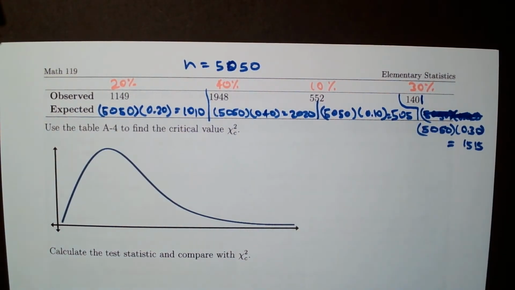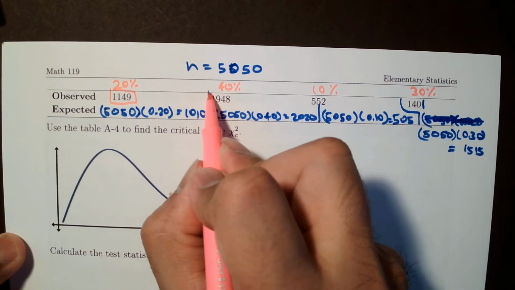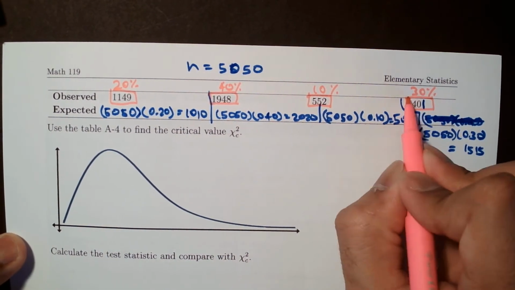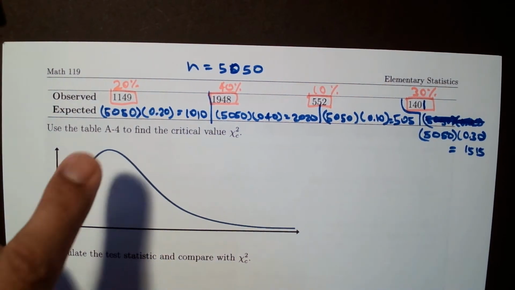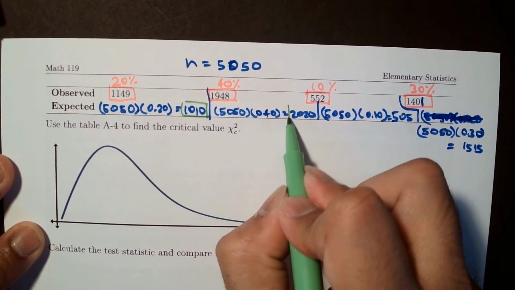So I'd better highlight these values just so you can see which ones are which. The observed are with pink, and the expected with green.